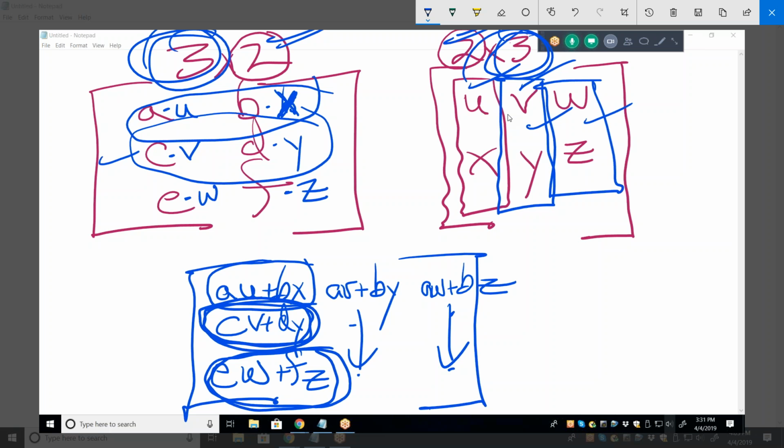So the number of columns in the first matrix has to match the number of rows in the second matrix. And in fact, I would not be able to multiply these. Yes, I would. Yeah, no, it would work. It would be 3 by 3, resulting in a 2 by 2.